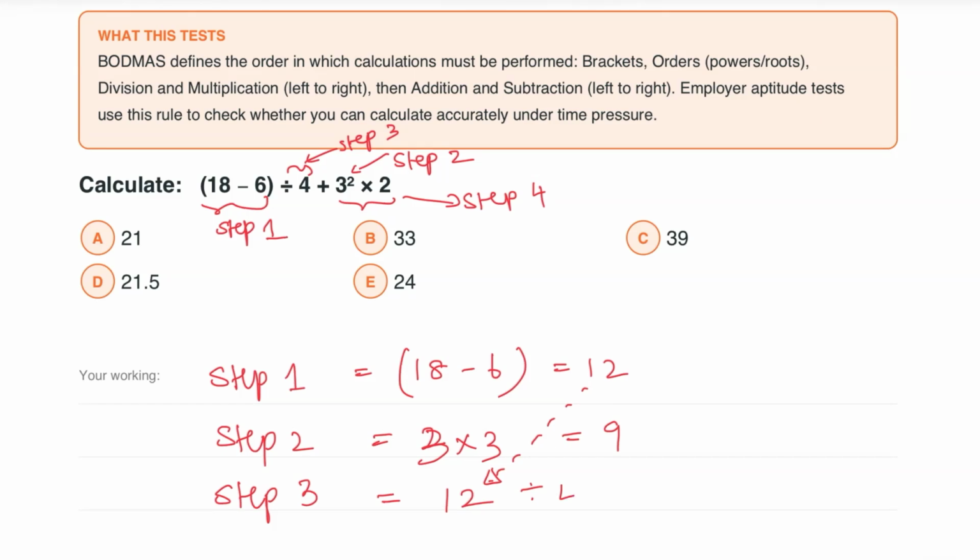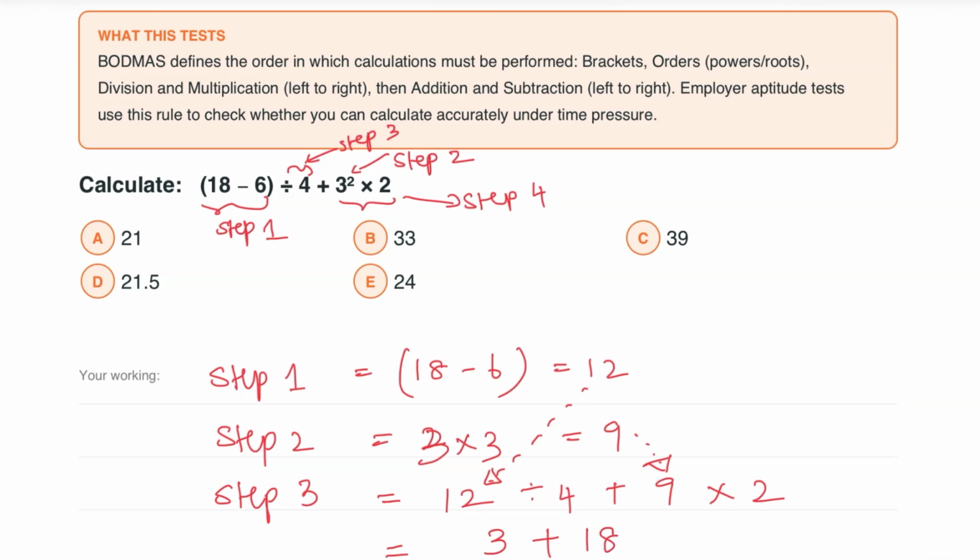Divided by 4, that's not solved, plus 9 into 2. Then to solve step 3, we can do the division and the multiplication. So 12 divided by 4 will be 3 plus 9 into 2 will be 18.